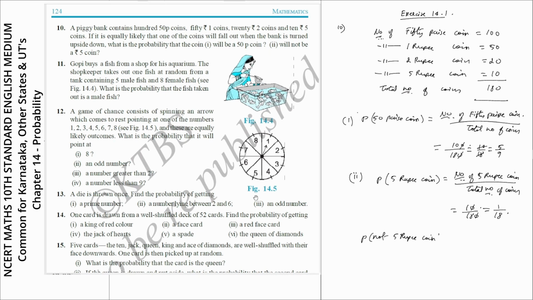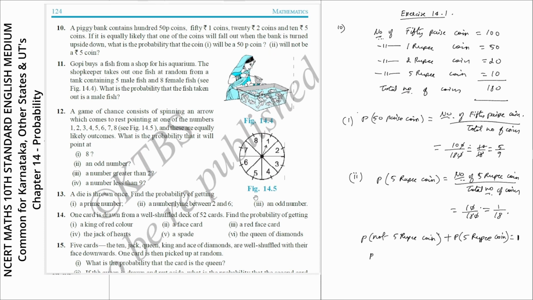An event where a 5 rupee coin comes and an event where a 5 rupee coin does not come, these two are complementary events. Therefore when we sum up their probabilities, it will be equal to 1. Probability of 5 rupee coin and probability of not 5 rupee coin, when we sum up these two, it will be equal to 1.